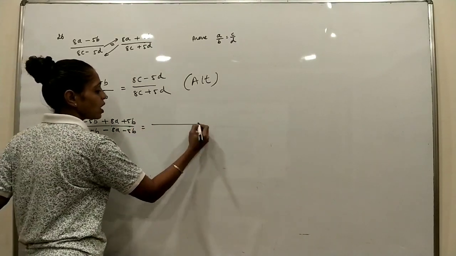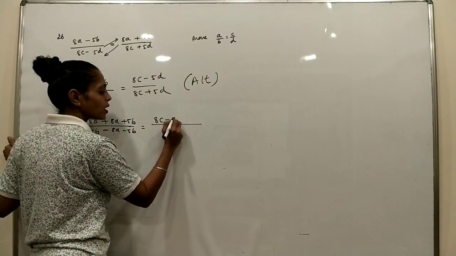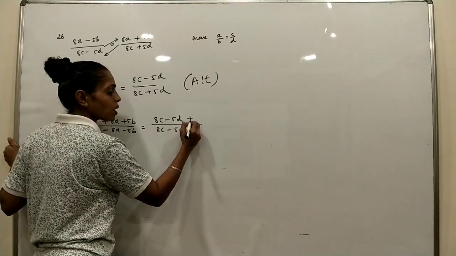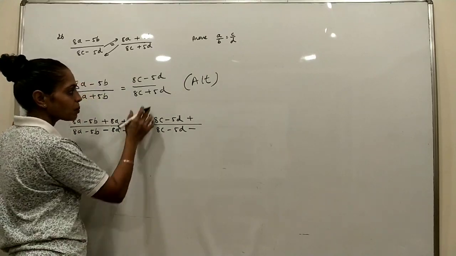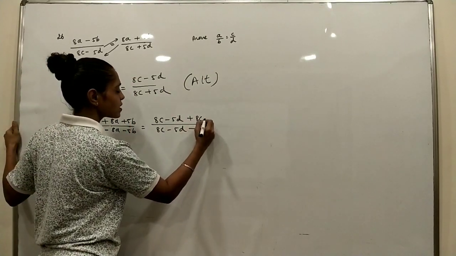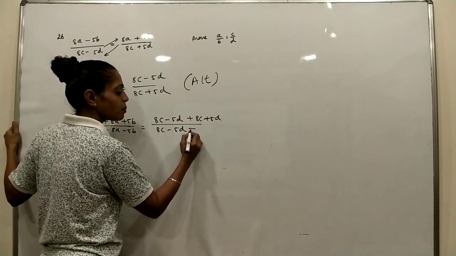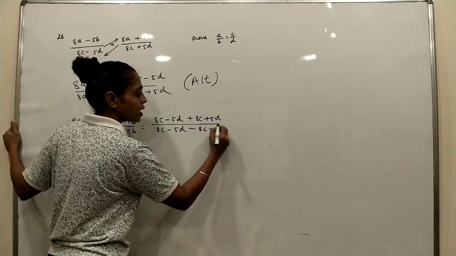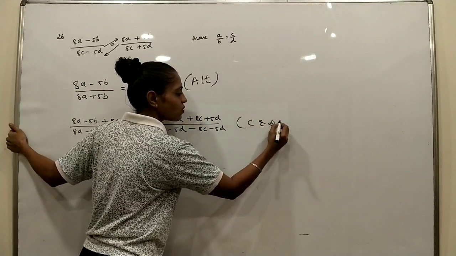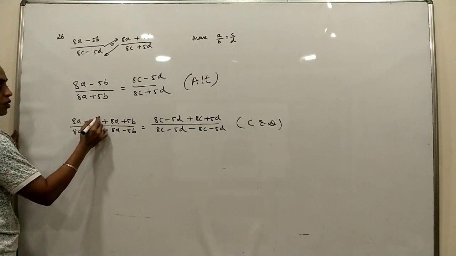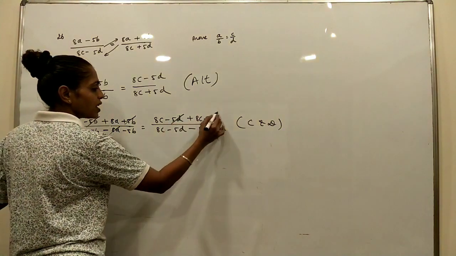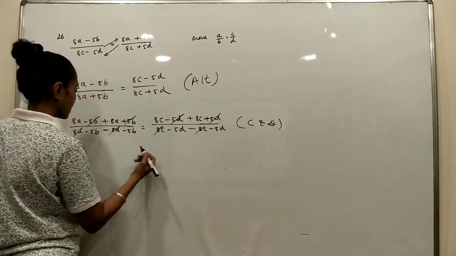Same as before, again numerator plus denominator, minus denominator. Plus denominator means 8c plus 5d, and for minus, both signs will change: 8c minus 5d. That is componendo and dividendo. 5d, 5d, 8a, 8a cancel; 5d, 5d and 8c, 8c cancel.